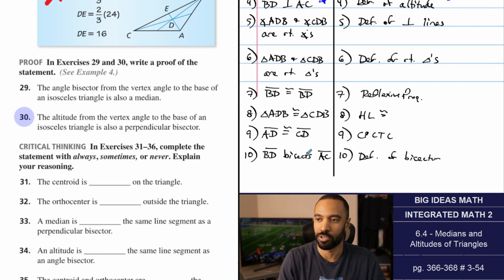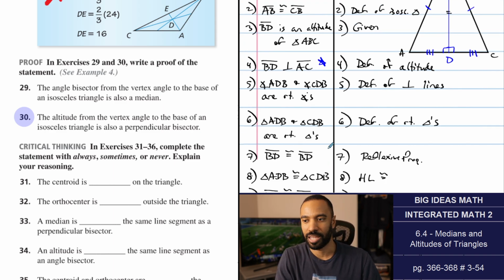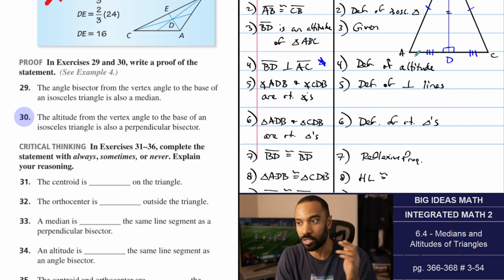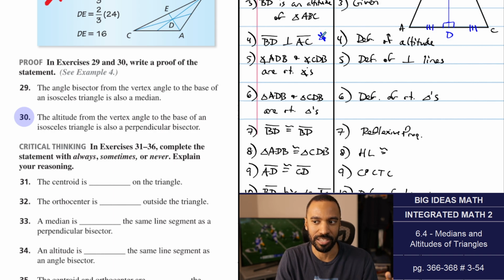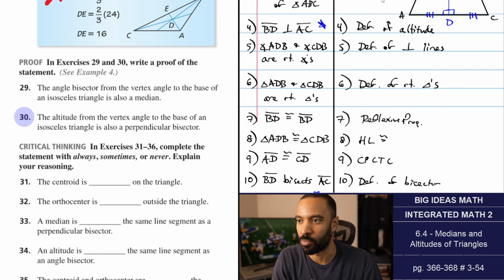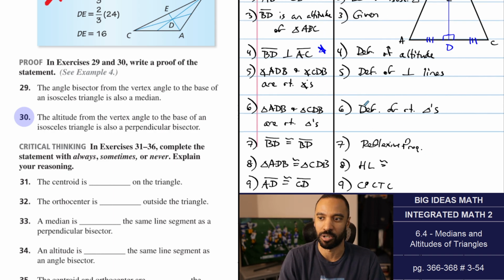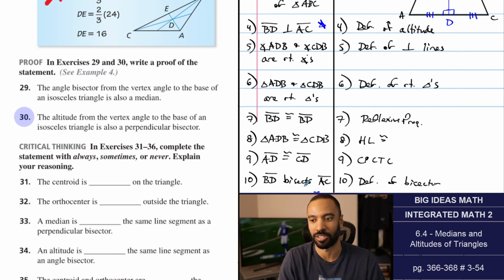So statement 4 and statement 10, I think, are it. We already see the altitude means we already know it's perpendicular. If it didn't, then I stated it there. I'm not going to write a statement 11 saying it's a perpendicular bisector by definition.